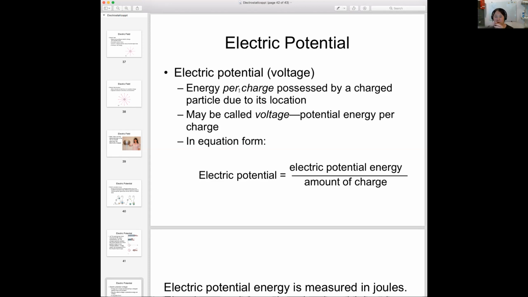So just like an electric field, right? There is an electric field created by the big charge, and you don't feel anything until you put the little charge, or whatever the test charge that you're interested in, right? Then you feel force. Same thing with the electric potential. There is an electric potential created by the charge or whatever, the environment. And then you're going to have electric potential energy if you put that little charge over there in that environment. But even though you don't have that, we can say that there's going to be this much voltage at this location.